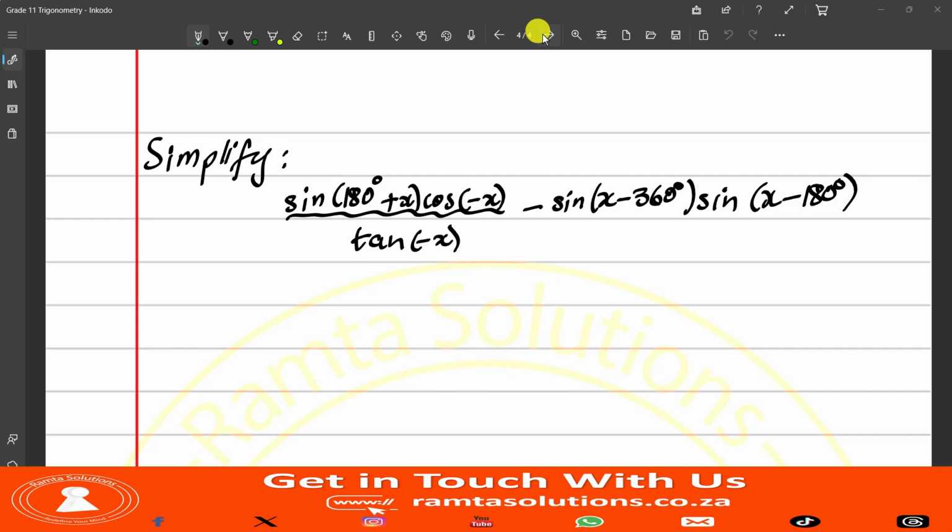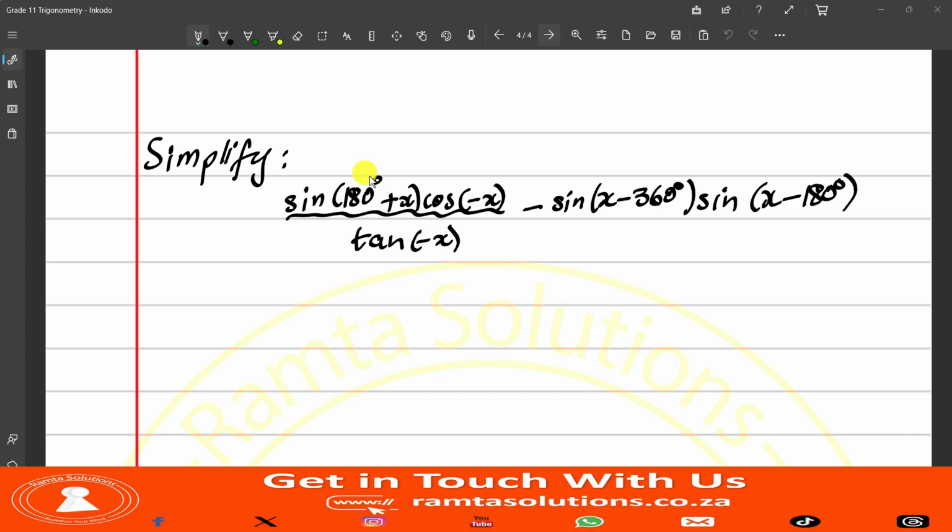Hello guys, today in our trigonometric questions we are simplifying sine(180 degrees plus x) multiplied by cos(negative x), all over tan(negative x), minus sine(x minus 360 degrees) multiplied by sine(x minus 180 degrees).